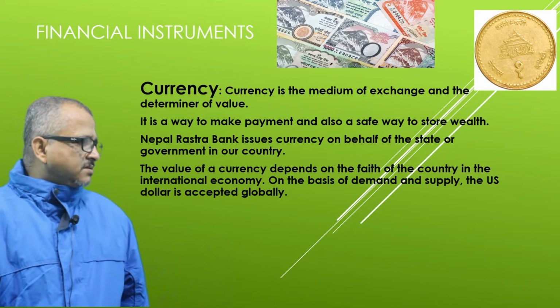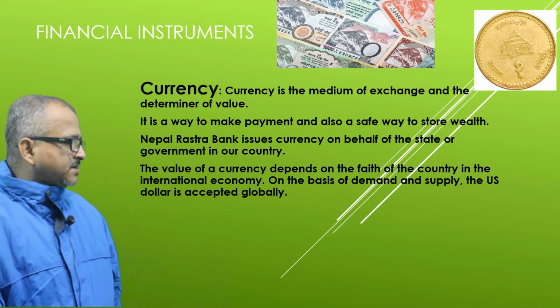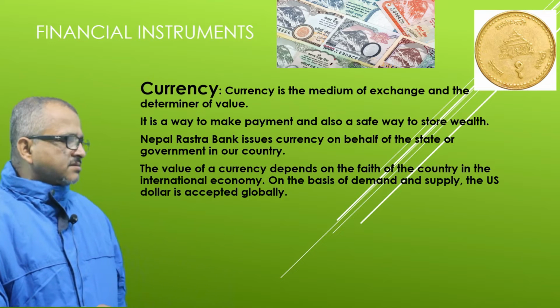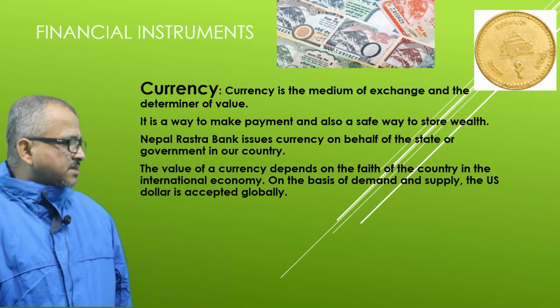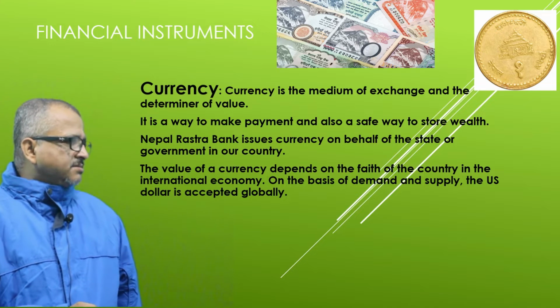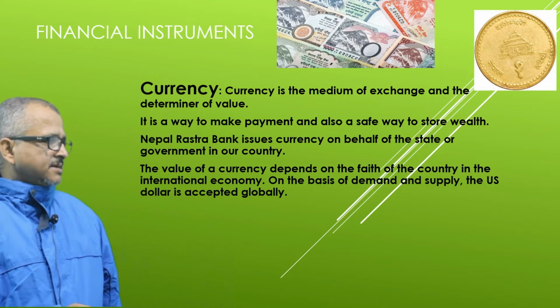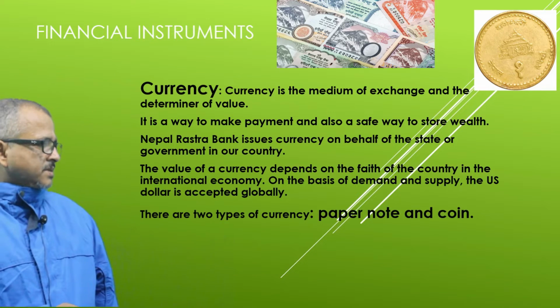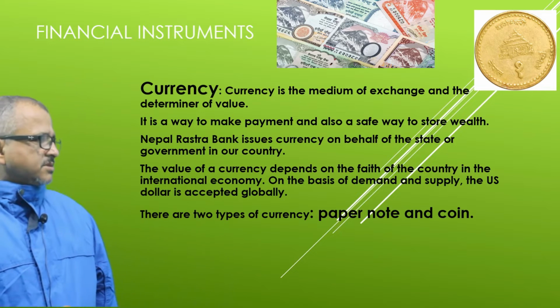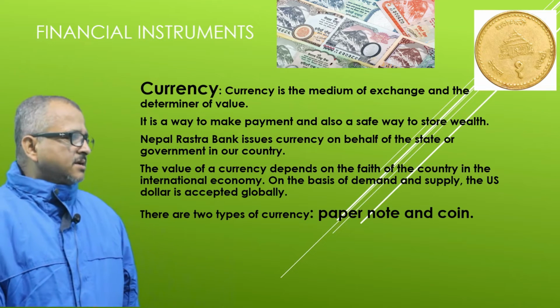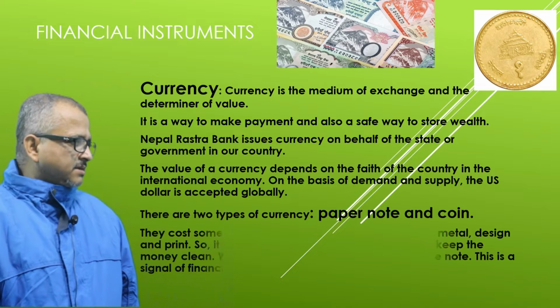The value of a currency depends on faith in the country in the international economy. आर्थिक क्रियाकलापमा अन्तर्राष्ट्रिय क्षेत्रसँग यसले सम्बन्ध कायम गर्न सक्छ. On the basis of demand and supply, the US dollar is more appreciated globally. There are two types of currency. एउटा देखिहाल्नु तपाईले पेपर नोट र अर्को देखिरहनु भएको छ coin. These are the two types of currency.